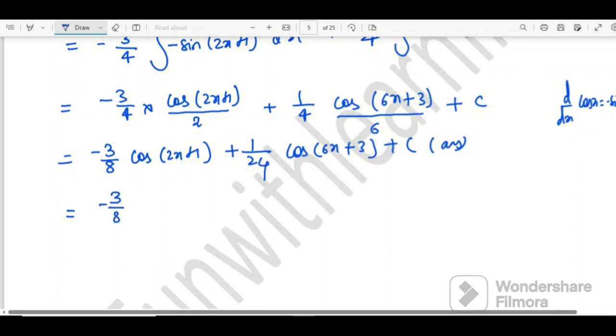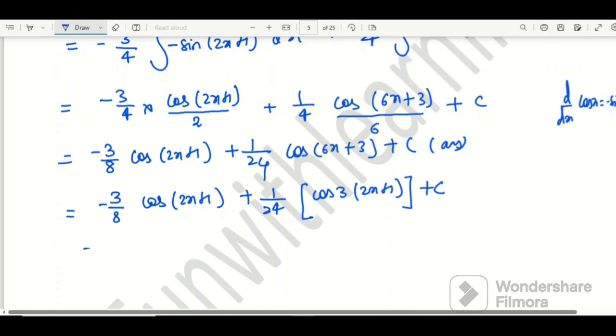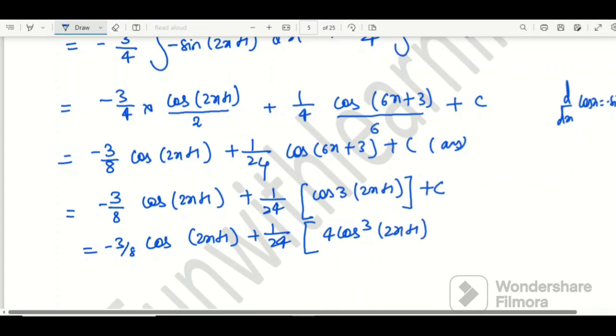The formula is that cos 3 theta is 4 cos cube theta minus 3 cos theta. So cos 3 into (2x plus 1) will be 4 cos cube(2x plus 1) minus 3 cos(2x plus 1), so the answer is minus 3 upon 8 cos(2x plus 1) plus 1 by 24 times that, plus c.